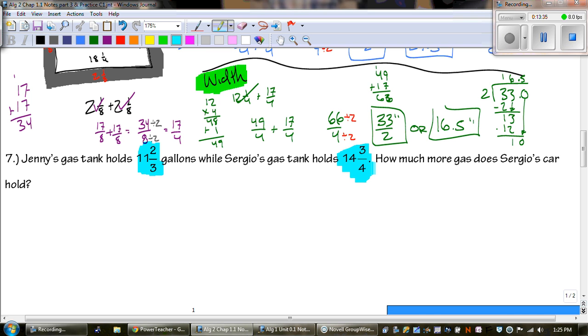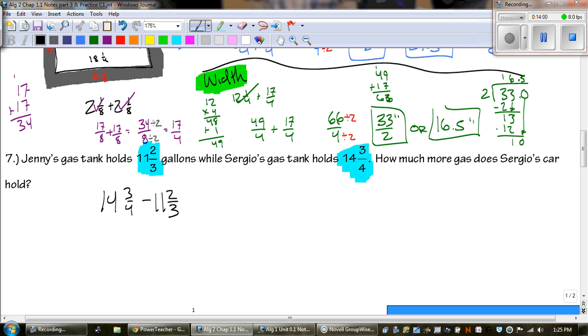But if I want to know how much older I am than you, we would subtract our ages. Okay. And we're going to do the same thing here. We're actually going to subtract those two numbers.